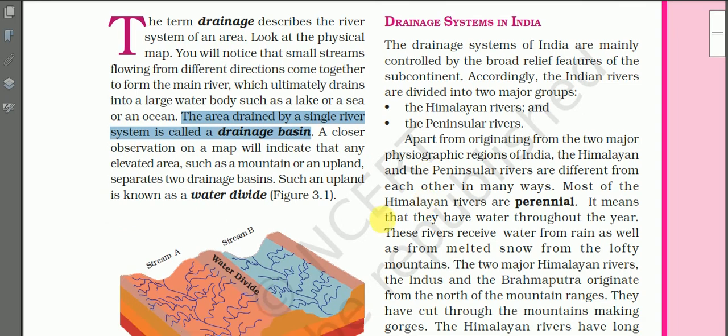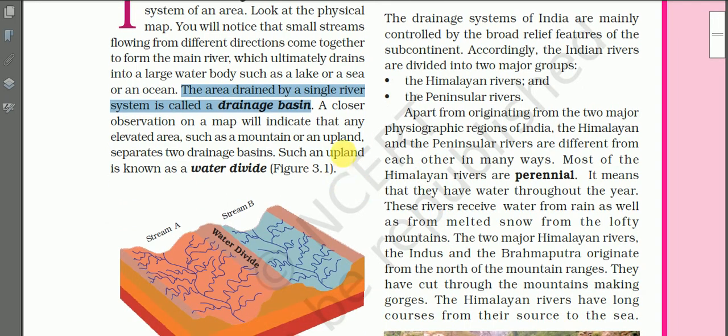Another important term you will find here is water divide. See what water divide is given here. Any elevated area such as a mountain or an upland which separates two drainage basins is known as water divide.